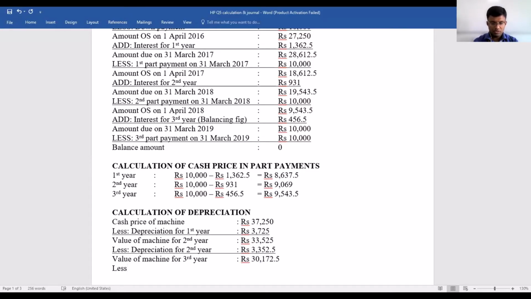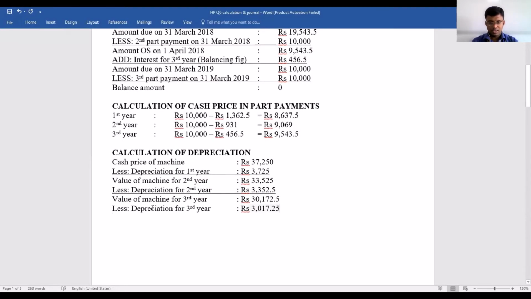Now what we have to do is calculate the depreciation for third year. When you're calculating the depreciation, you will have to calculate it as 10% of the outstanding amount. So now the outstanding amount will be rupees 3,017.25.